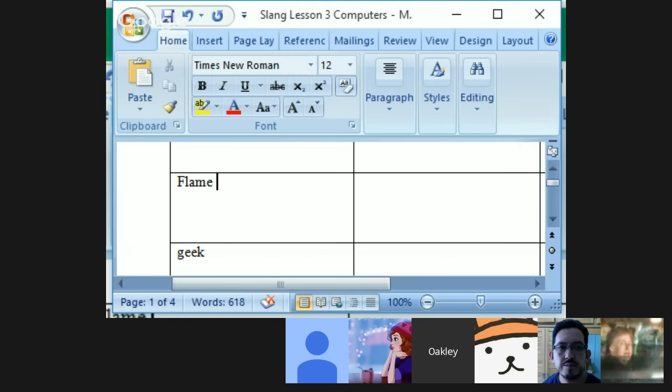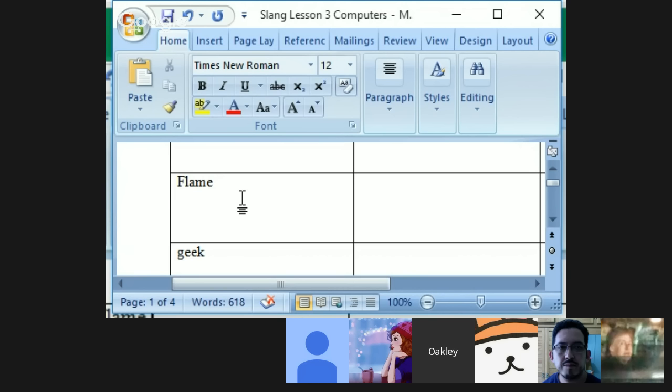Okay, so what is flame? First of all, what is flame as a concrete dictionary definition? Flame is the fire from a candle.